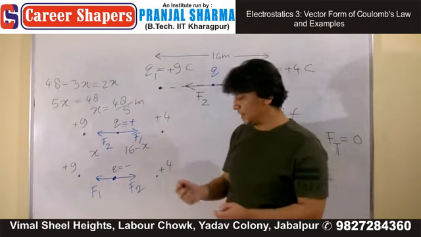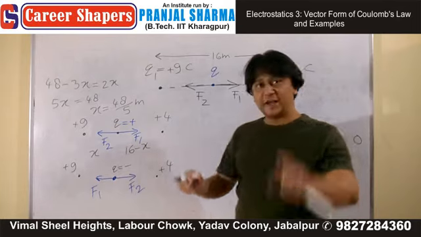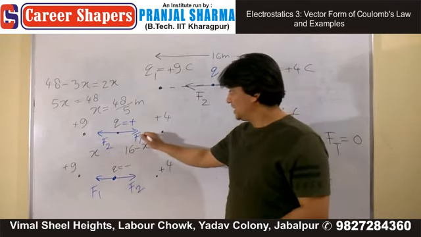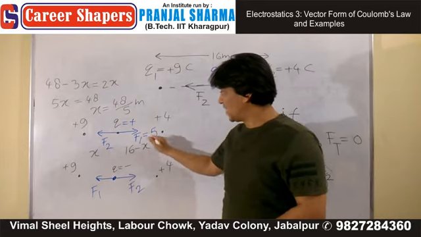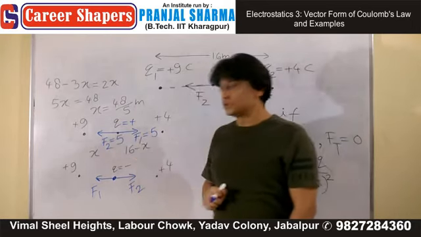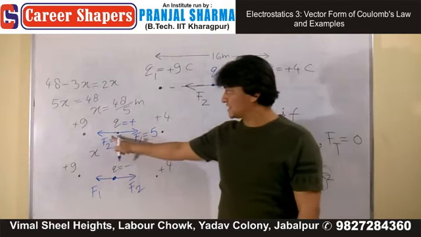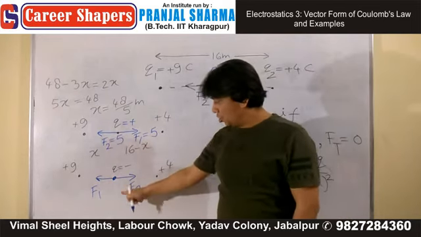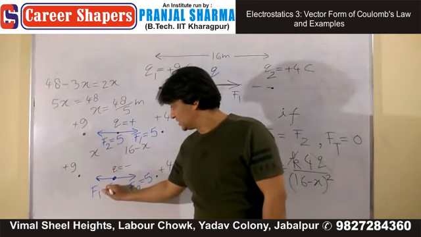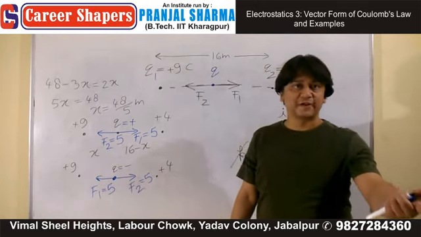Again, in just one line, let me explain the whole thing. If this F1 is 5, then this F2 is also 5. 5 is cancelling this 5. Over here you are saying this is 5, this is 5. What is the difference?